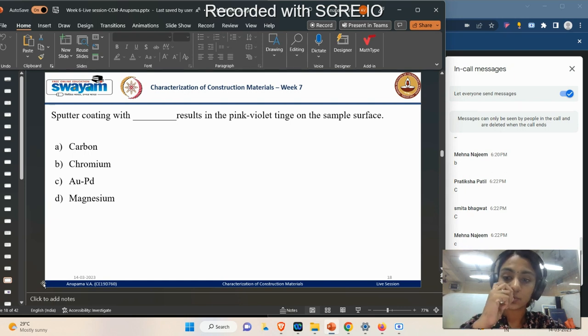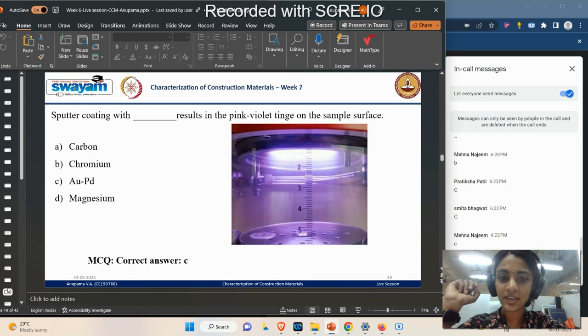Okay, Mehna also goes with C. I think this is a fairly easy question. This is the image, which is also a snippet from the slides. Here the sample is coated with a gold and palladium layer. This gives a pink or violetish tinge to the surface.